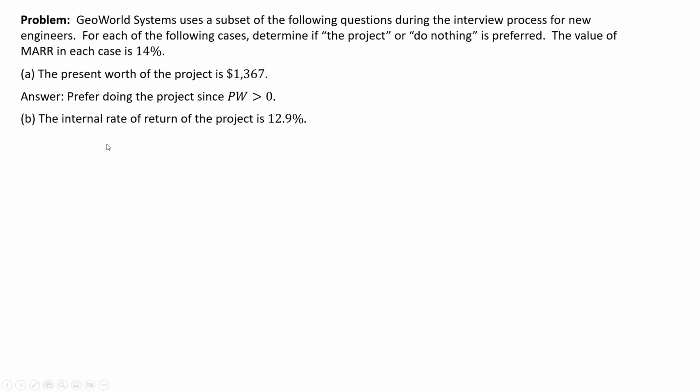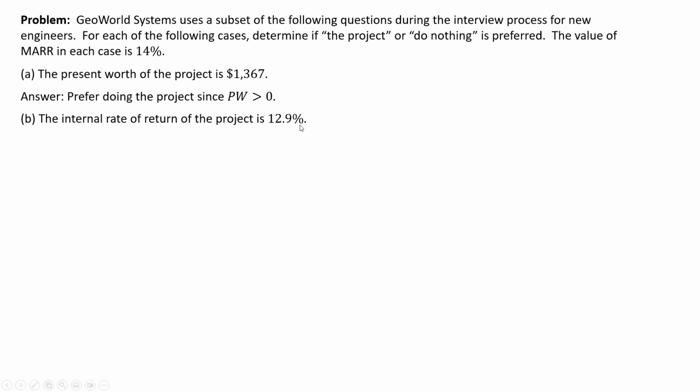The internal rate of return of the project is 12.9%. If you take the project up and calculate what rate of return you would get, you get 12.9%. So should you do the project? Remember, the minimum attractive rate of return is 14%. That is, if you were to invest in, quote unquote, a bank, you are getting 14%.